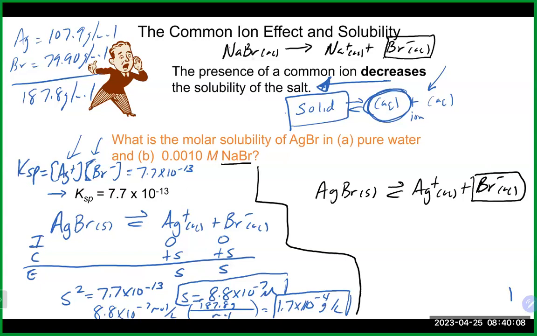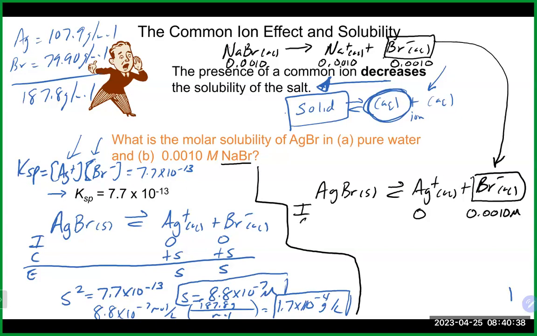And if the concentration of our sodium bromide is 0.001, it is a one-to-one relationship between the sodium and that, and it's also a one-to-one relationship between the bromide and that. And again, where this is important is this would be 0, but we would have that initial concentration of the bromide coming in really from our sodium bromide in this particular case.